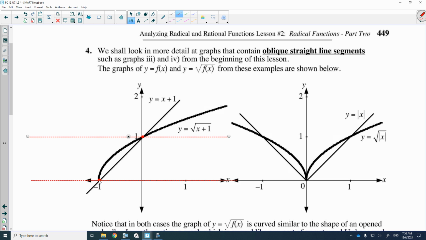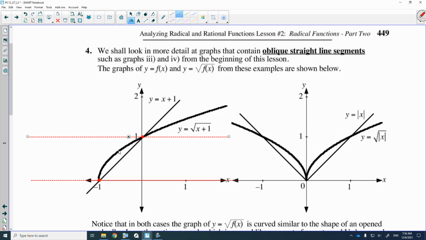So what we have is a linear graph, so a linear function, and that is this thin straight line here. And then it says, okay, what would the graph of the radical function be? So they take that linear function and they put it underneath the radical sign. What I want to show you is that when you are within the red zone, the graph of the radical function will always be above the graph of the original.